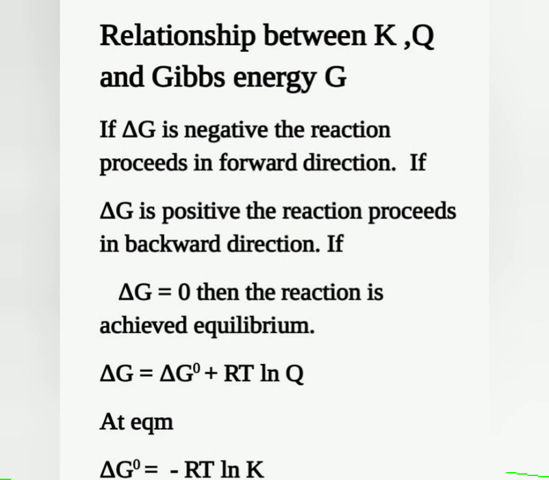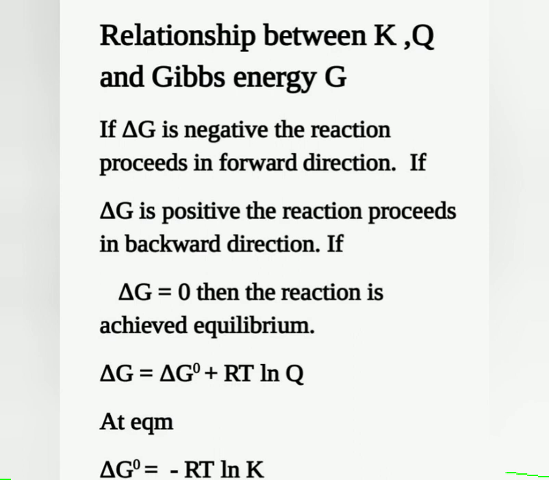The inference is that if delta G is negative, the reaction proceeds in the forward direction. If it is positive, it proceeds in the backward direction. If delta G is equal to 0, the reaction has achieved equilibrium.